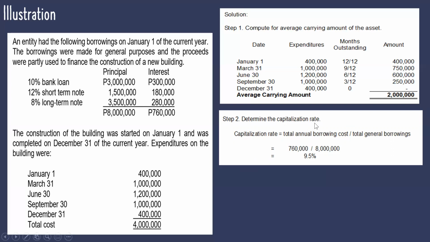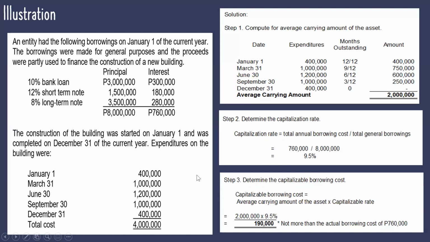This is very simple, class: you just get the quotient of the total borrowing cost, 760,000, divided by the total general borrowings outstanding, which is 8 million. With that, we get a capitalization rate of 9.5%. So we have an average carrying amount of 2 million times the capitalization rate of 9.5%.